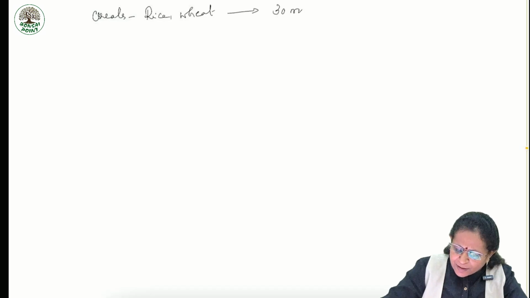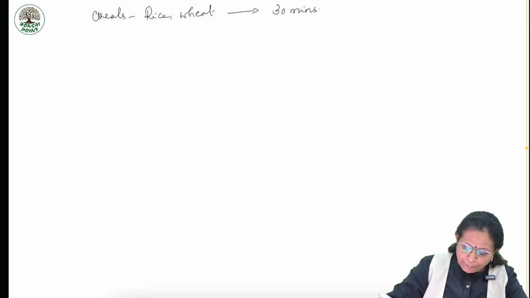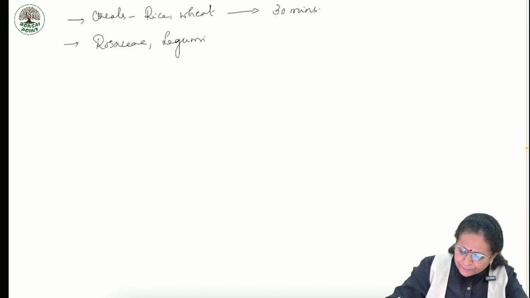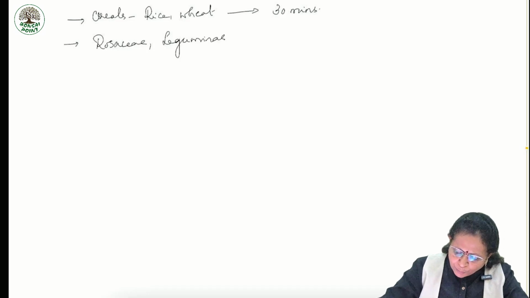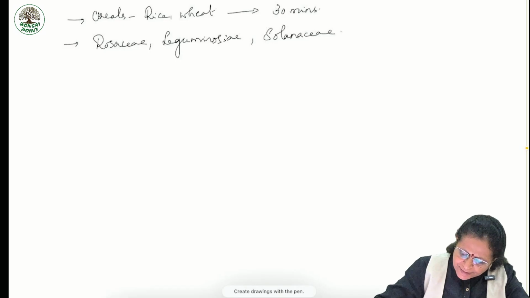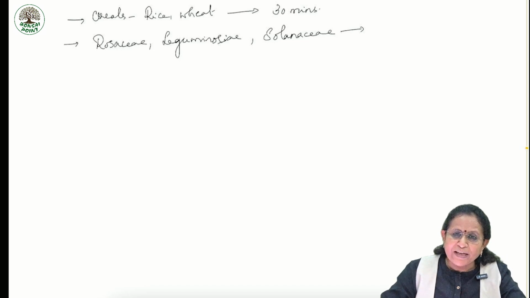In the cereals, we have rice, wheat, wherein the viability of pollen grain lasts for about 30 minutes. But in the members of the family Rosaceae, Leguminosae and Solanaceae, the viability of pollen grain is much longer.